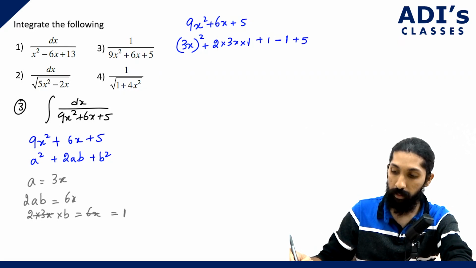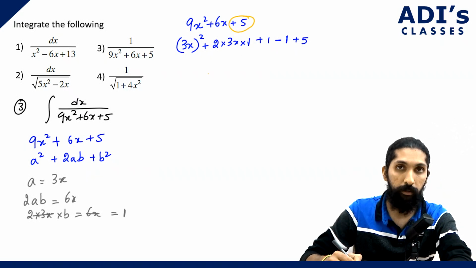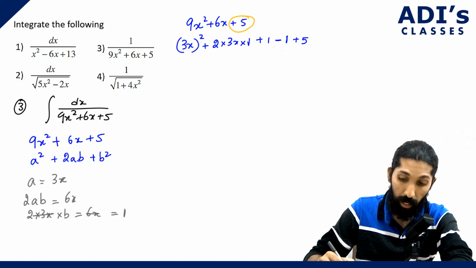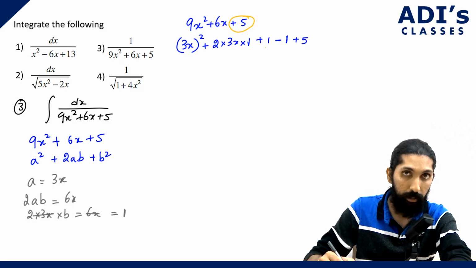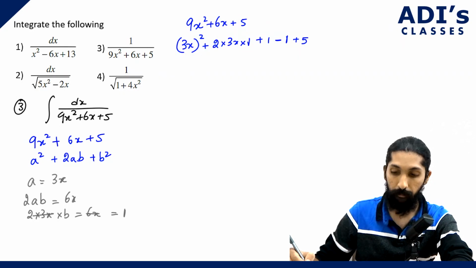You might be thinking, where is this 5 coming from? You're not moving that 5 anywhere, isn't it? You just added 1, you subtracted 1. But that 5 remains as it is. 5 is not going anywhere.